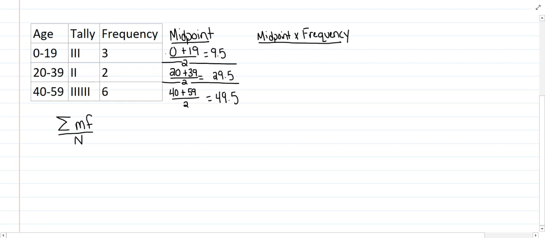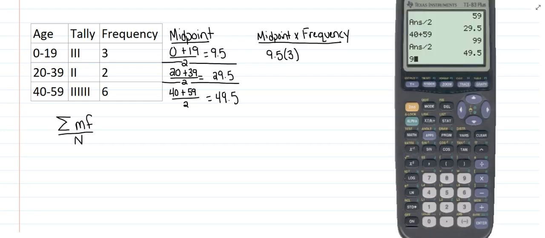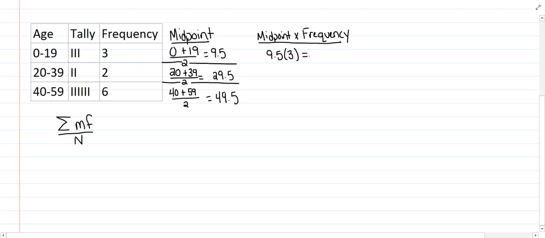So midpoint times frequency, that's going to be 3 times 9.5, or 9.5 times 3. So 9.5 times 3 is going to give me 28.5. My next column, I have a midpoint of 29.5 with a frequency of 2.